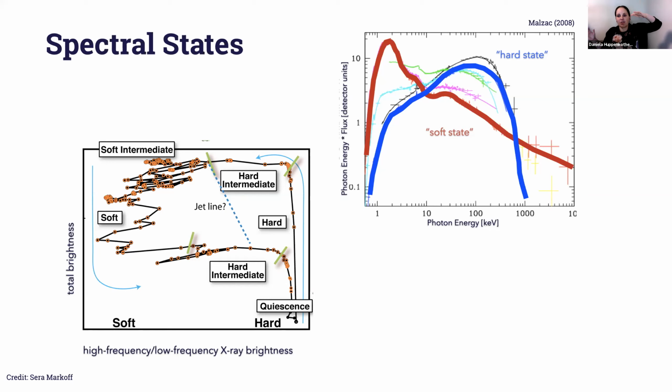And then the spectrum starts to pivot. So this high energy component gets drastically reduced, and this low energy component gets much, much brighter. And there are different theories about why that is.